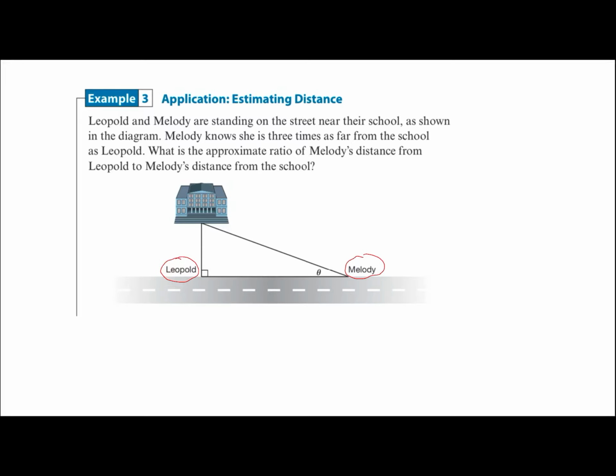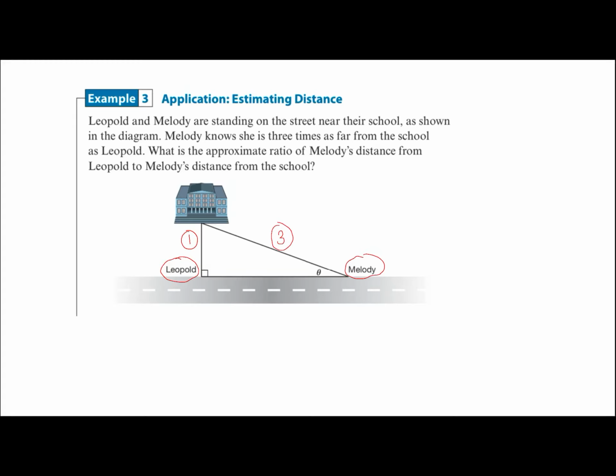All right, to get this problem started, if Melody is 3 times as far from the school as Leo is, this is saying that we've got our opposite leg, which would be here. He's 1 times as far, and my hypotenuse would be 3, so that would be 3 times as far.